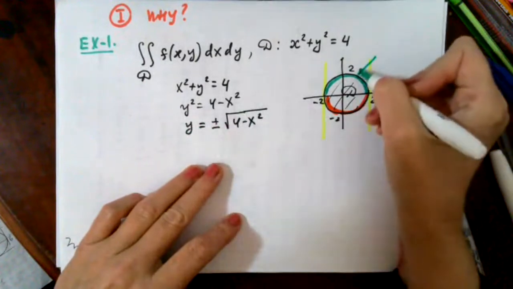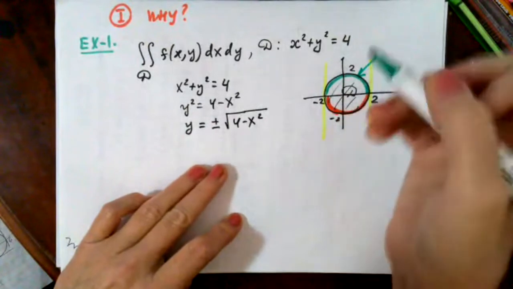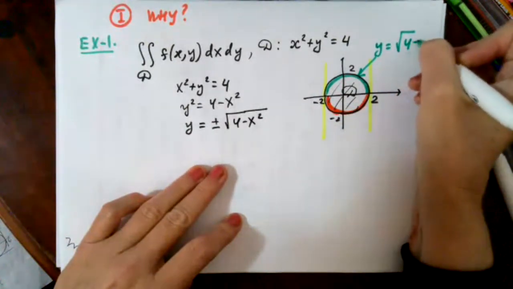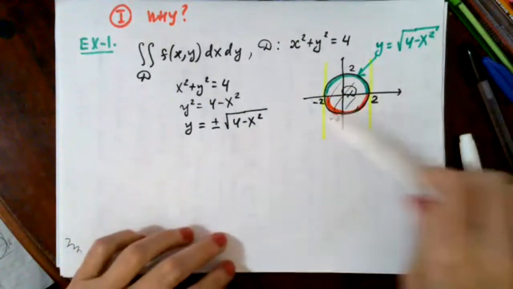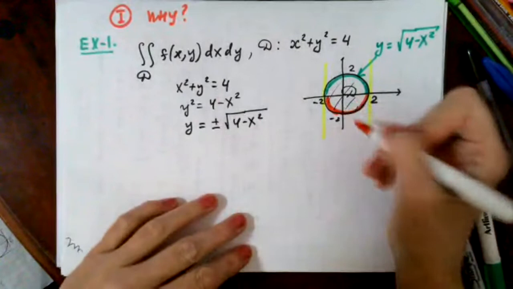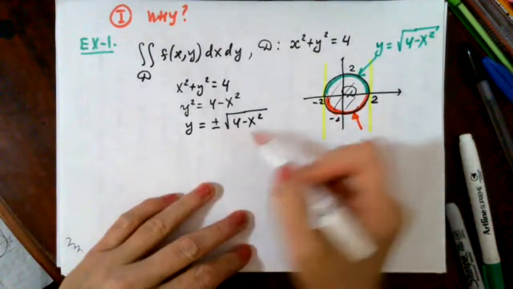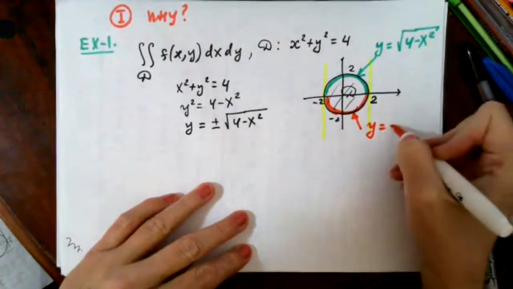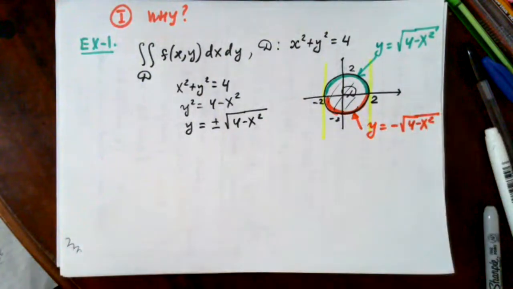That is why it corresponds to the top half of the circle. So this equation is y is equal to square root of this expression. And as for the red half of the circle, the bottom half of the circle, of course, it corresponds to y being negative, because this is in the region where y is negative. That is why the equation of the lower circle is minus square root of the same expression.